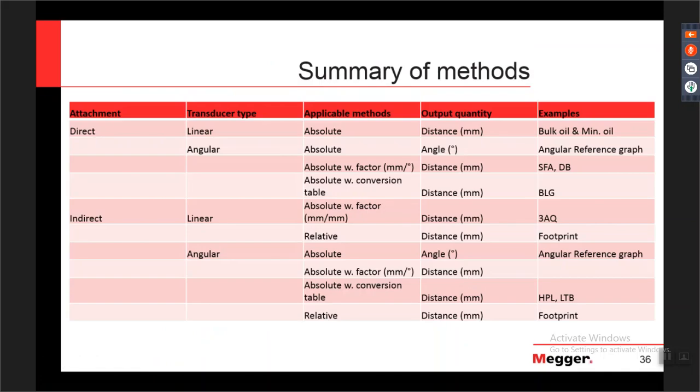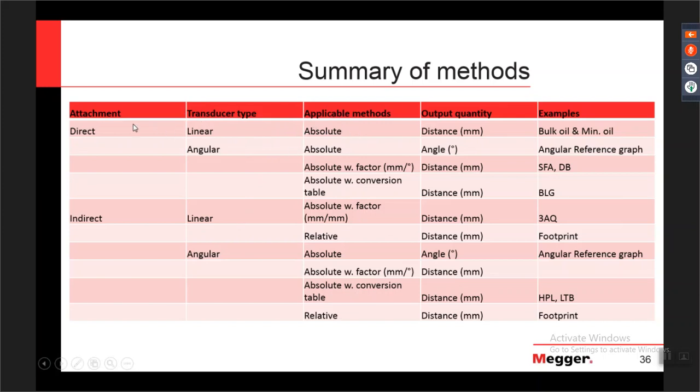Now the last slide, I think, a summary of methods. So I divided this into the way of attachment mechanically to the breaker. You have direct and indirect attachment of the transducer, and the transducer type, linear and angular, and the applicable methods in our software, and so on.